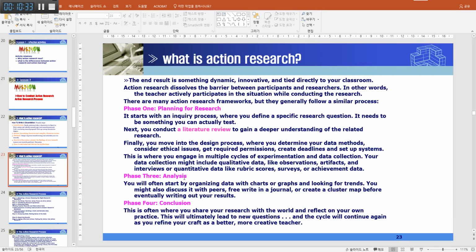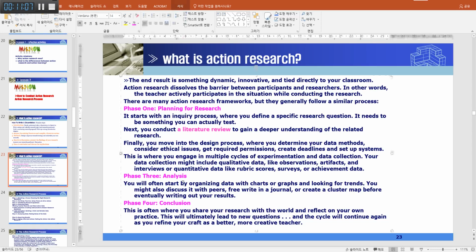If you cannot find any solution through the literature review, in that case you need to conduct your own research to solve those context-bound problems, the problems that arose from your practice. And then you need to collect some data through a method, and then you need to present your result and conclusion.